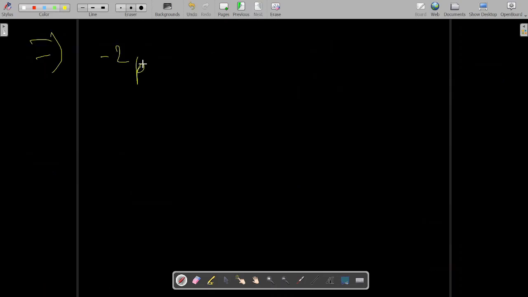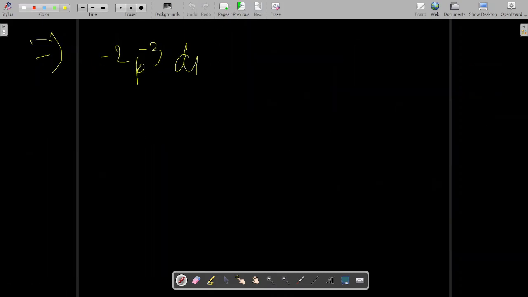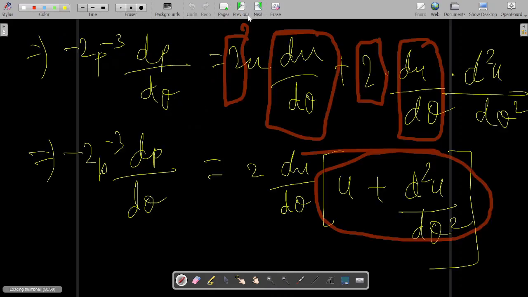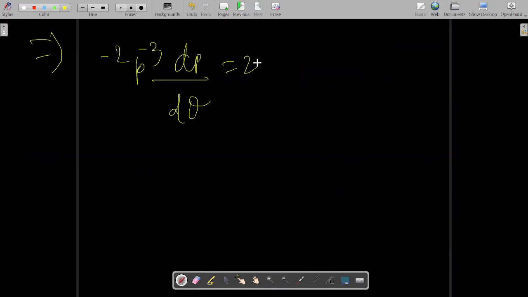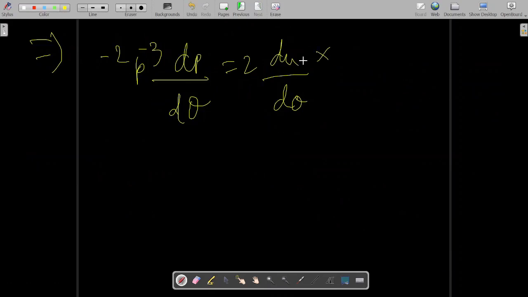Minus 2 p to the power minus 3 dp by d theta is equal to 2 times du by d theta, f by h square by u square multiplied by f by h square u square.